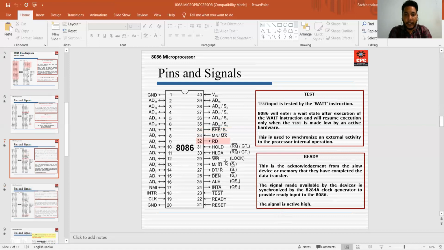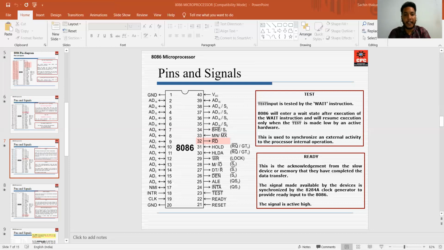Now the next pin is your ready pin. Next is your test and ready, pin number 23 and pin number 22. First of all, we are discussing the ready pin. What is the function of this pin? This ready pin is the acknowledgement from the slow devices or the memory that they have completed the data transfer operation.